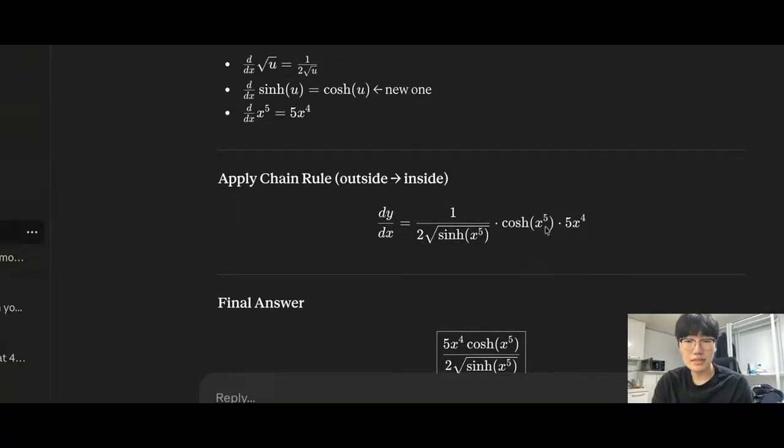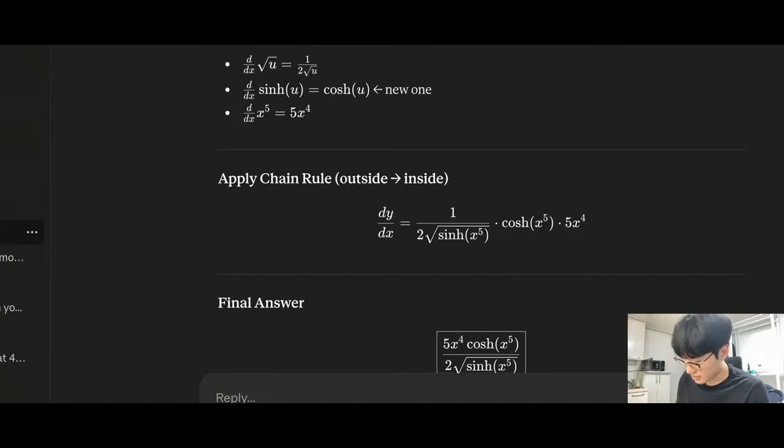So we get 1 over 2 times the square root of sinh x to the power 5, because layer 1 was the square root. So we do the same thing that we did here. And after that, you move to the second layer, which is sinh. The derivative of sinh u is cosh u.